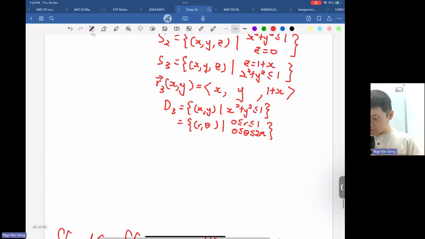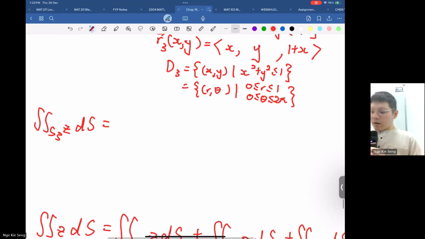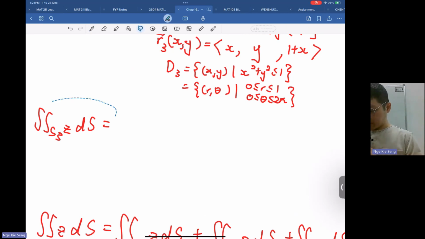So to compute a surface integral, what do you need? In the line integral, you need the length of your tangent vector. In the surface integral, you need the length of the normal vector of the tangent plane. So how do you get the normal vector of your tangent plane?